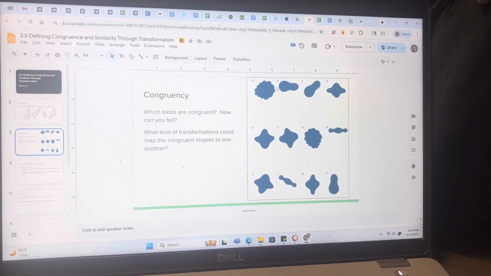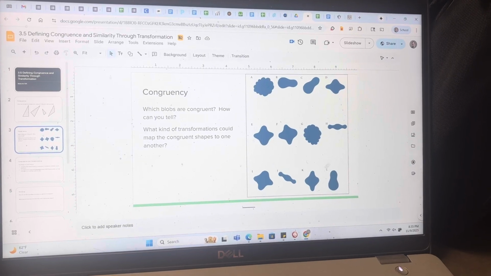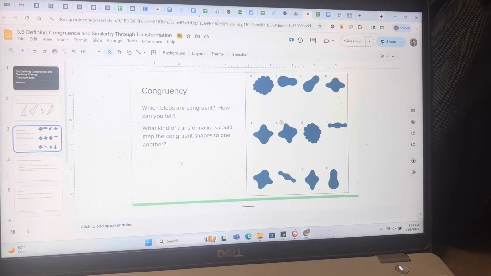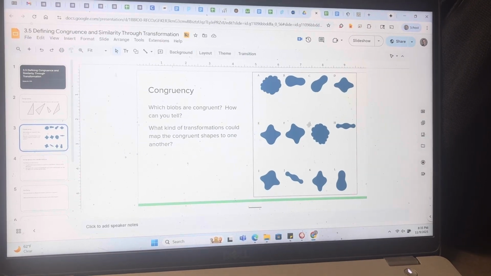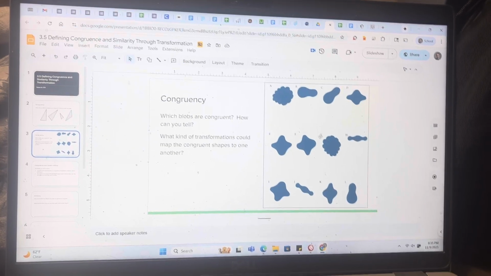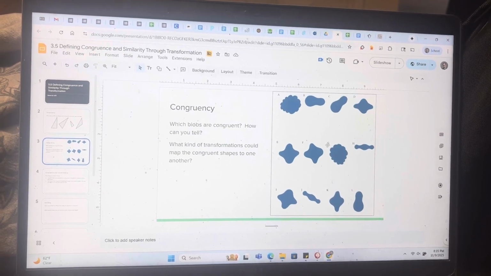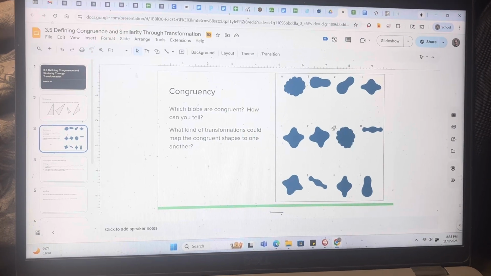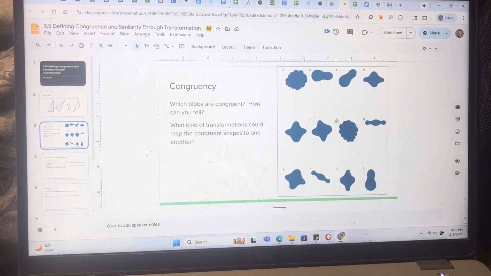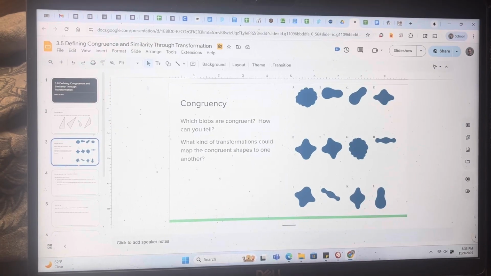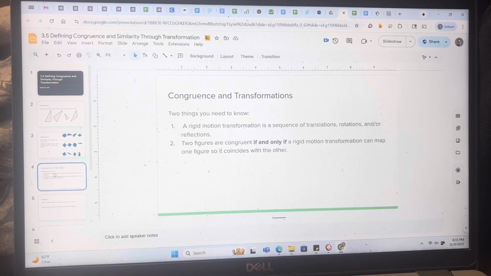If you take a shape and you move it onto another shape in some form, rotation, translation, reflection, whatever it is, that usually is called mapping. So if we can map one of these figures onto the other ones without changing its size, then it's going to make a congruent shape, and we're going to know that those shapes are congruent.